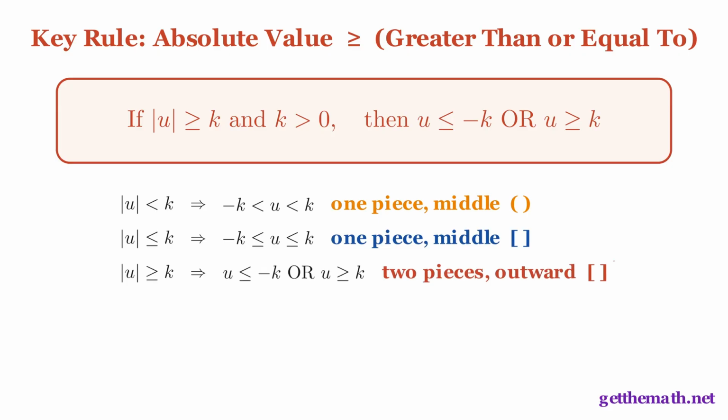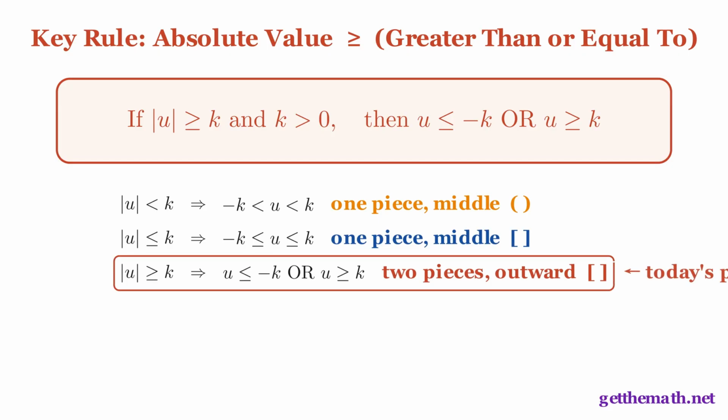Let's compare all three cases so far. Case 1, absolute value of u is less than k. The solution is, negative k is less than u, which is less than k. One connected piece in the middle. Open parentheses. Open circles. Case 2, absolute value of u is less than or equal to k. The solution is, negative k is less than or equal to u, which is less than or equal to k.